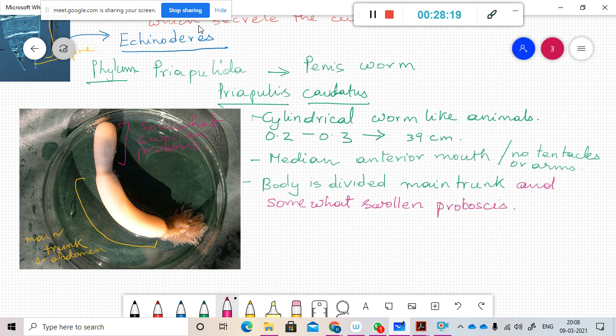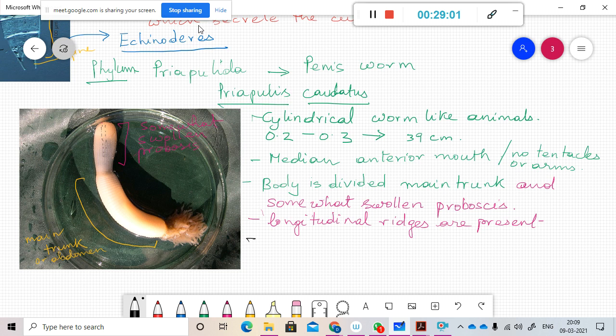As you can see, longitudinal ridges are present. You see longitudinal ridges are present on top. These are longitudinal ridges present.